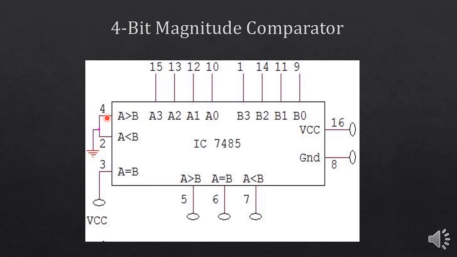If you want to use multiple ICs, you can use these pins for cascading the inputs. Currently, we are using only one IC, so there is no need for these pins. So we are grounding pins 2 and 4 and applying VCC to pin 3. In this way you can implement a 4-bit magnitude comparator, implement this circuit on Proteus and verify your results.